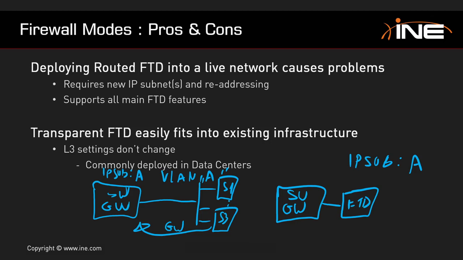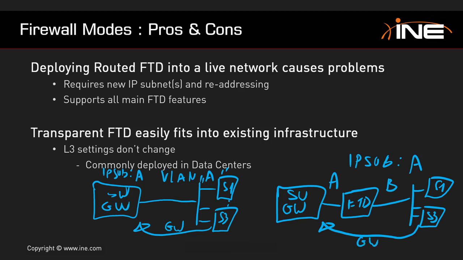I would keep VLAN A over here, and then I would just switch the VLAN from A, let's say, to B on this portion of the network, and my servers will still be pointing to the same gateway's IP address. Their addresses also don't change. So the only thing that would be different here after adding FTD would be the addition of, in this case, a single VLAN to accommodate a second interface of the next generation firewall.